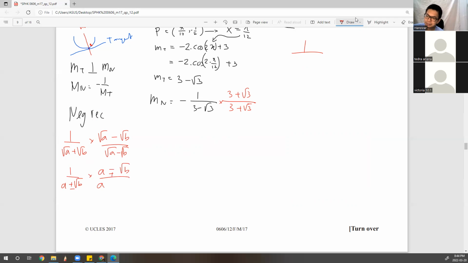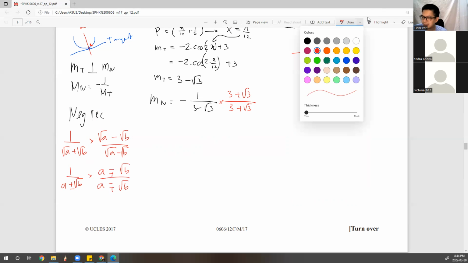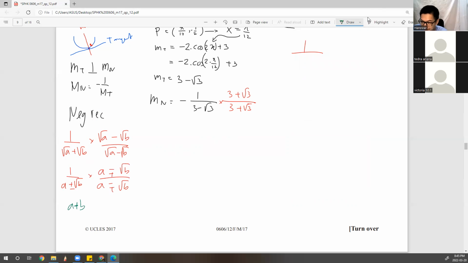Why do you have to do this? Because we follow the rule that the product of the sum and difference is always a squared minus b squared. So the product of square root a plus square root b with square root a minus square root b equals a minus b. All the roots will be annihilated.